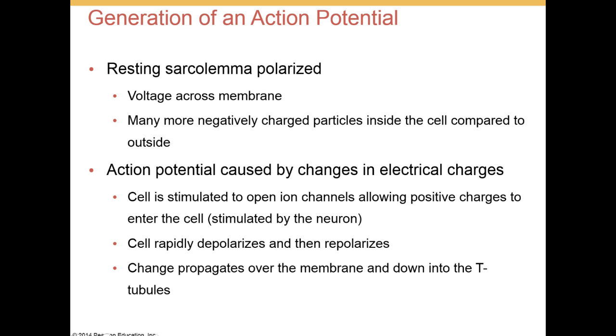Batteries that you buy have certain voltages associated with them. The two poles of the batteries are positive and negative, and they are separated from each other. It's not until you open up or you connect the poles of the battery that you actually get any work from the battery. And that's what happens with an action potential.